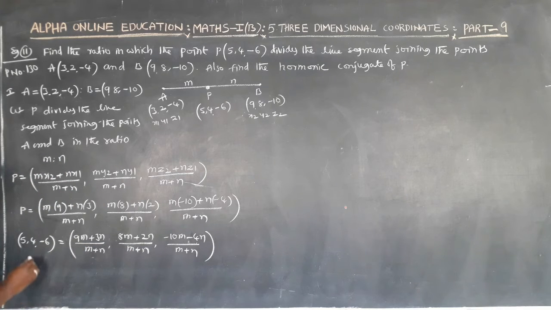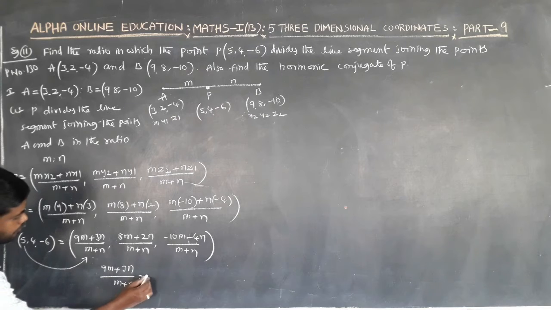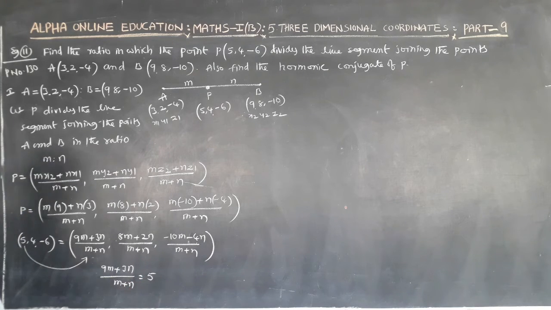Here we equate the x coordinates, or the y coordinates, or the z coordinates. Equating the x coordinates, (9m + 3n)/(m + n) is equal to 5.